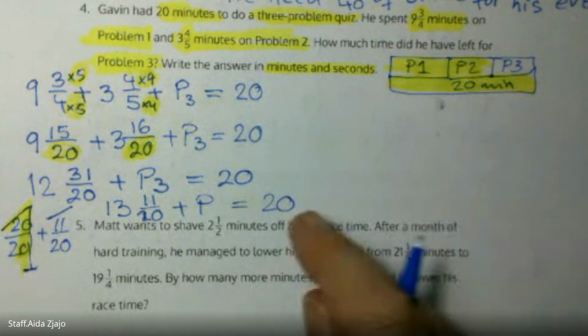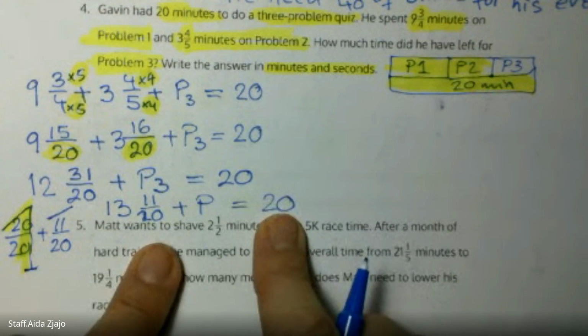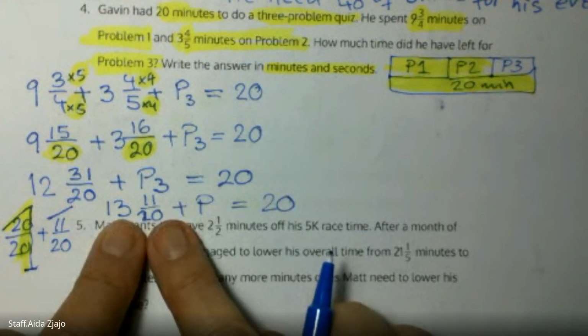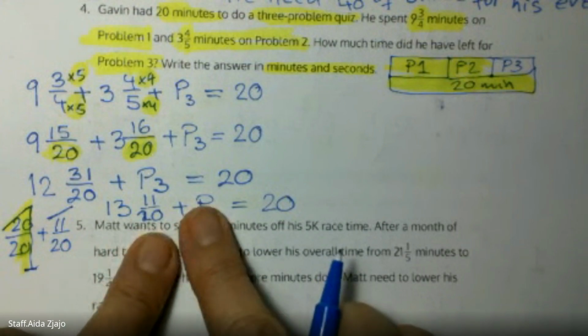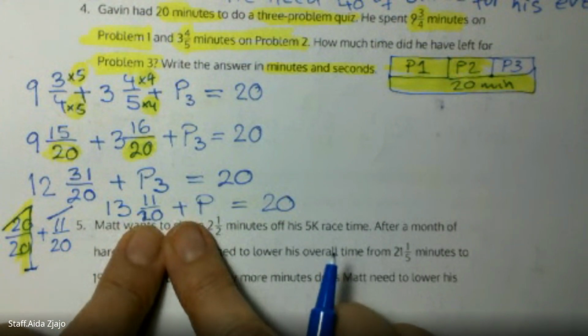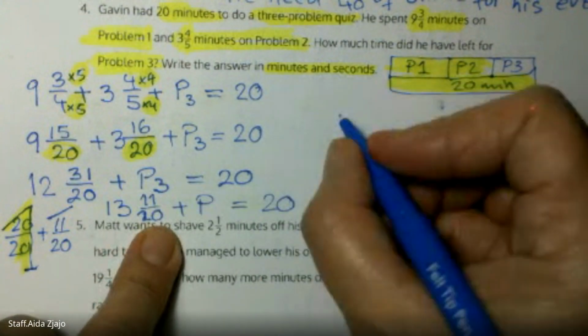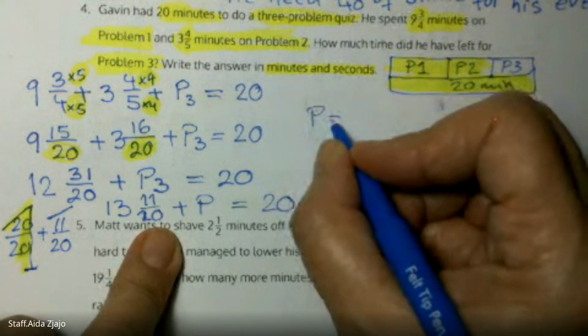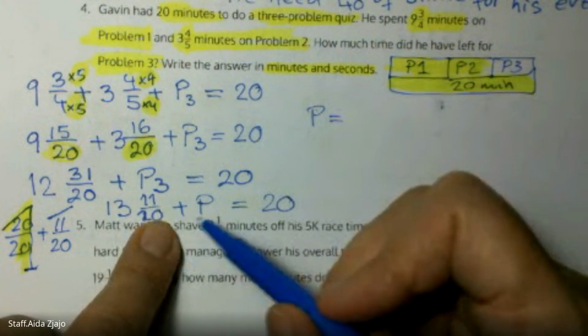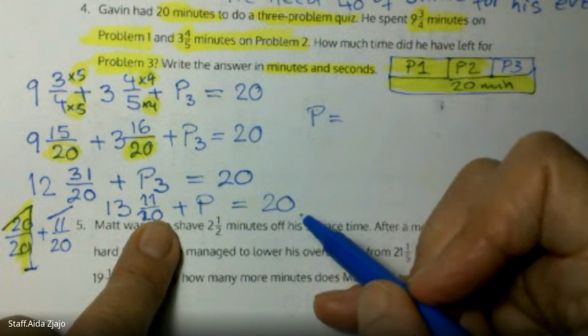So now you have a choice. You can say 20 minus 13 wholes and 11 20ths, or you can think, okay, 11 20ths plus how many pieces? If I'm thinking what p has to be, all needs to equal 20.